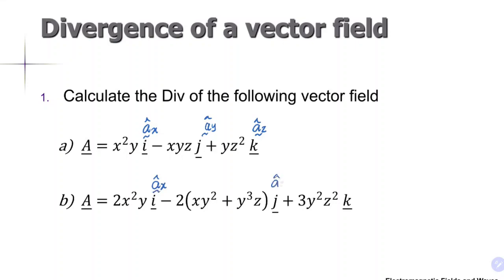Do we have to change the I J K into the A with the F? Ideally, I should have given you in A sub x, A sub y, and A sub z. But if you solve it in i, j, and k, that is fine as well. It's just that I want to be consistent with this module, so I just change it to A sub x, A sub y, and so forth.